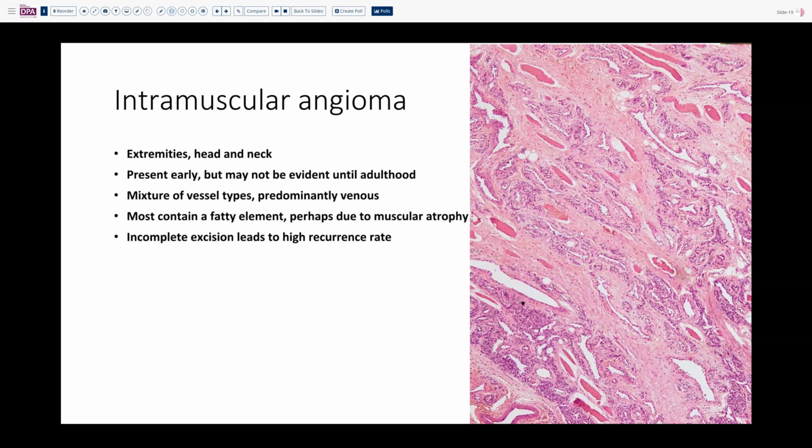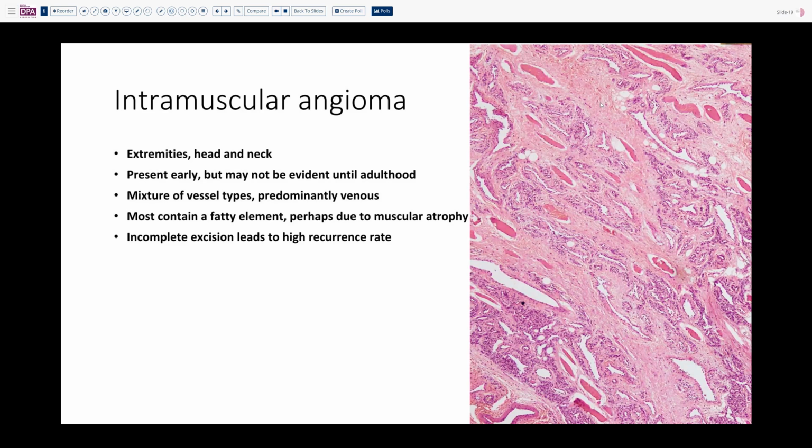It's a mixture of vessel types, as you can see here in this image. Here's some skeletal muscle fibers around there, and you've got some thin-walled vessels, some capillary type structures, and a variable size assortment of tissues here. Most of these will have some element of fatty tissue associated with them. You've got a little teeny bit up here.